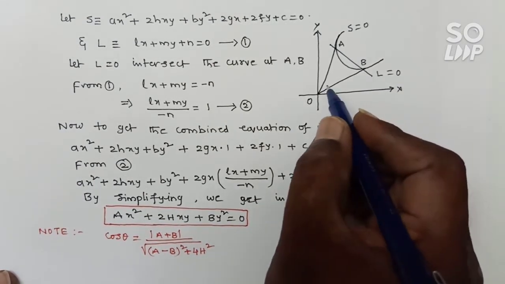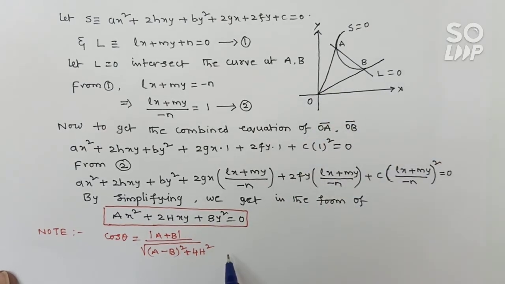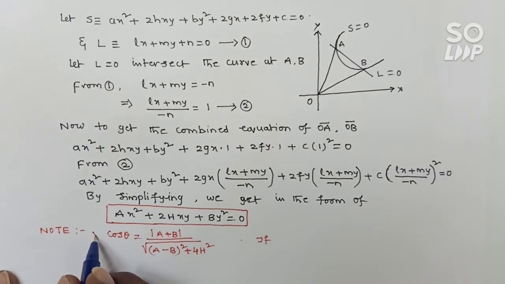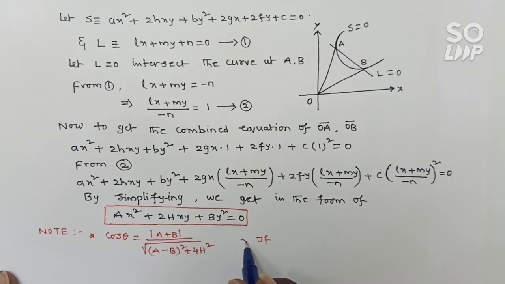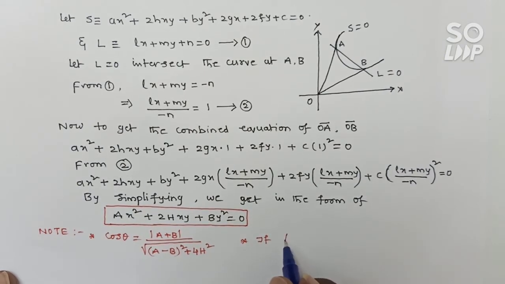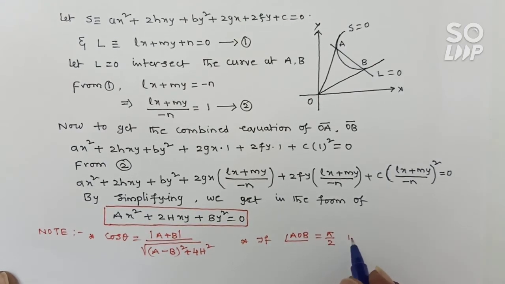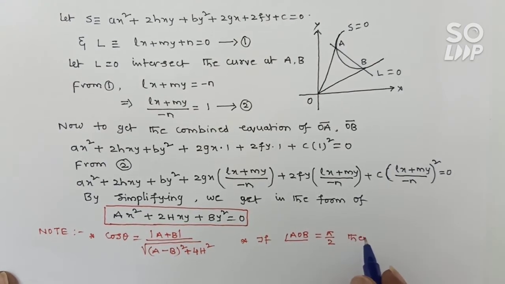Suppose OA and OB are perpendicular, that is the first point. If angle AOB is equal to pi by 2, then what is the condition?